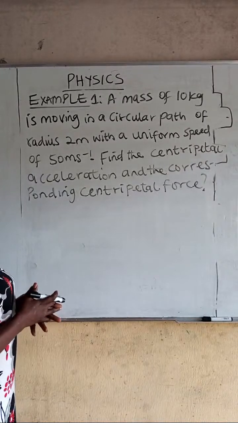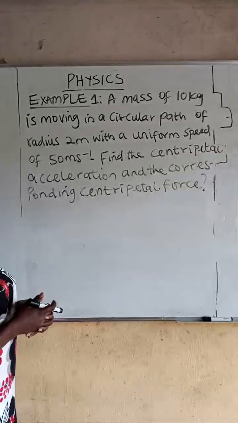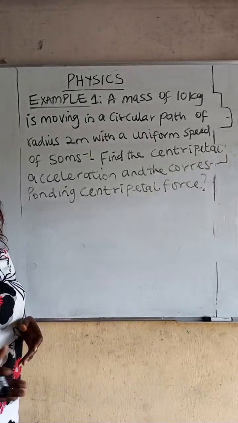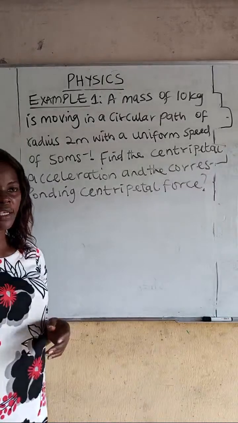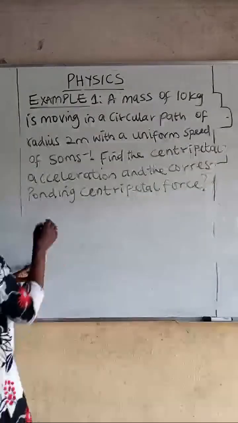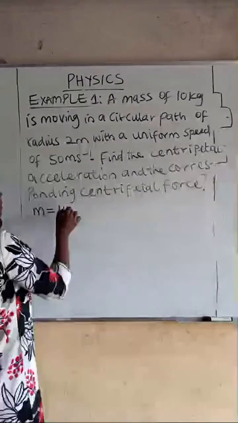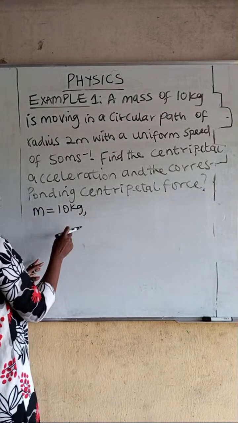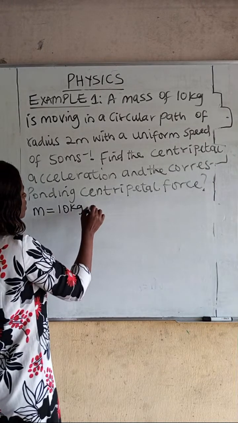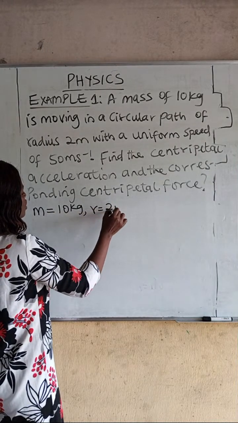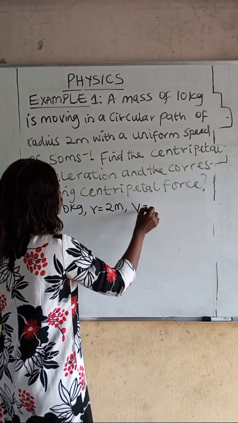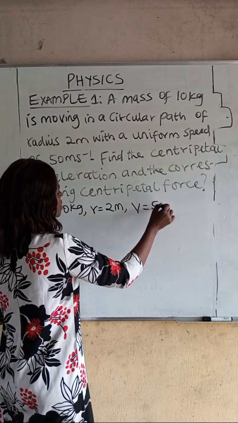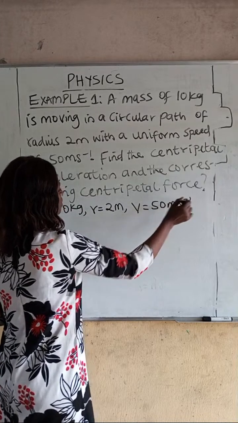Find the centripetal acceleration and the corresponding centripetal force. For us to do that, we have to state our parameters given: mass 10 kilograms, radius is given as 2 meters, and speed is given as 50 meters per second.